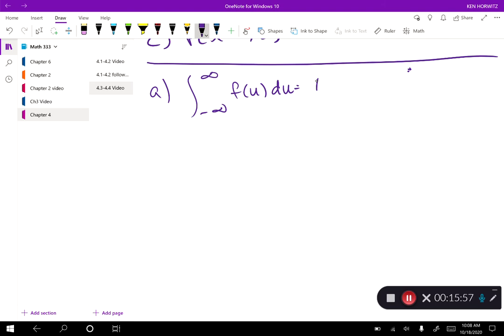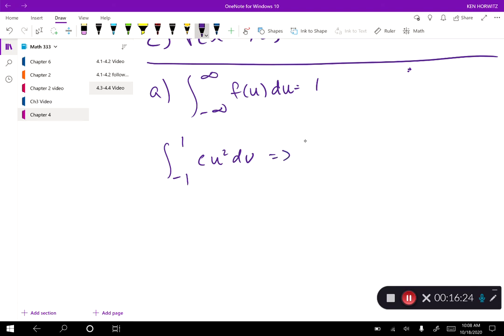All right, so I'm going to rewrite this because we only have certain defined values. So I'm going to go from negative 1 to 1. And now I'm going to put in my function. My function is c. Instead of x, I'm using u. So u squared du. And now we're going to integrate.